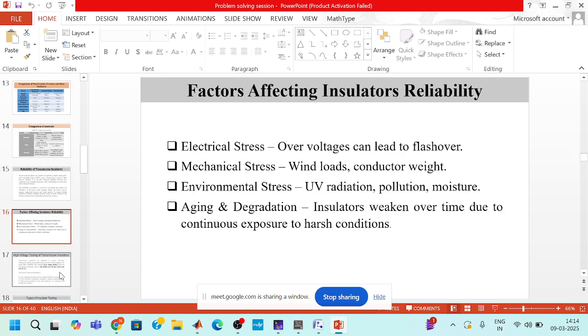There are some factors which affect reliability: electrical stresses due to overvoltages, which can lead to flashover; mechanical stresses; environmental stresses; and aging and degradation, because after long use, insulators get weakened. Over time, due to continued exposure to harsh conditions, insulation properties decay day by day.